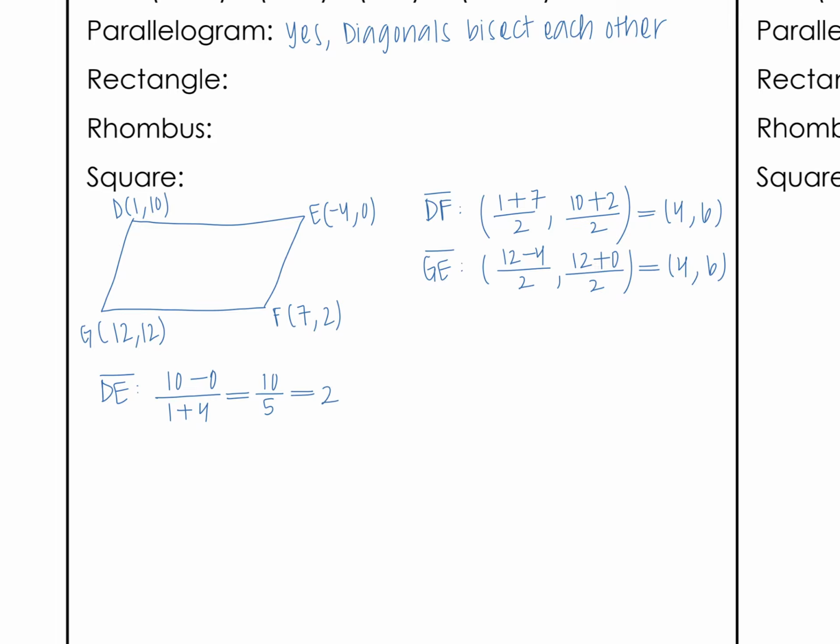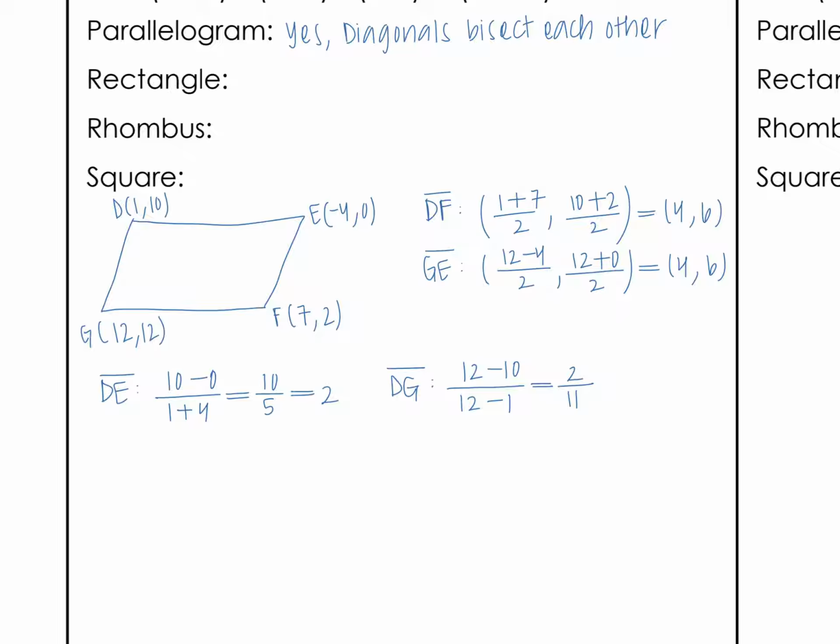Okay, and then we have the other side, DG, that we're going to find the slope of. So we've got 12 minus 10, and then 12 minus 1. 12 minus 10 is going to give you 2, and then 12 minus 1 is going to give me 11.